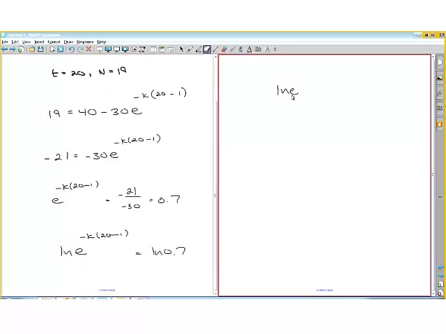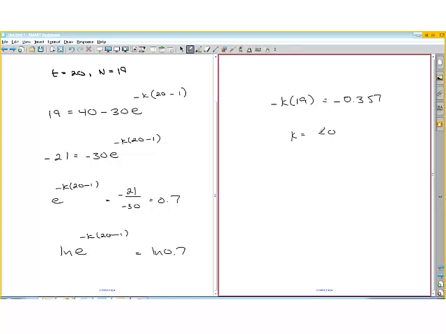The left-hand side just becomes negative k times 19, basically 20 minus 1. And the right-hand side becomes the natural log of 0.7, which is negative 0.357, rounded off.